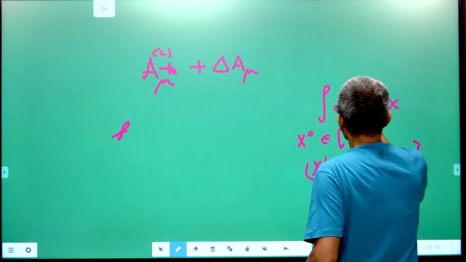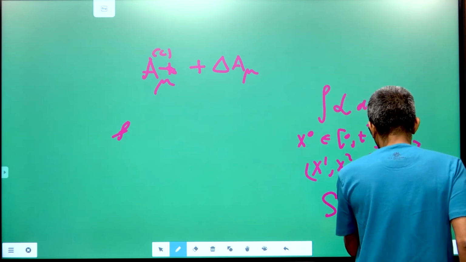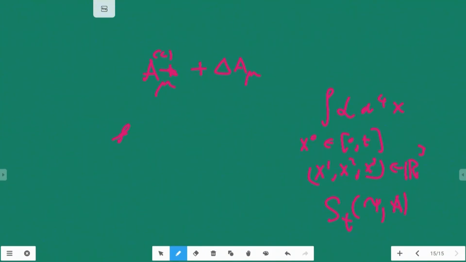You compute, then you get the action function up to time t of whatever field you have here up to time t. So here you get an action function of the free Dirac field up to time t, plus the action function of the free electromagnetic field up to time t, that is f mu nu, f mu nu, and then you have an interaction action which is given by the interaction between A and psi.